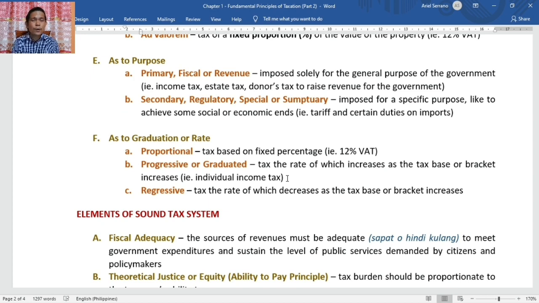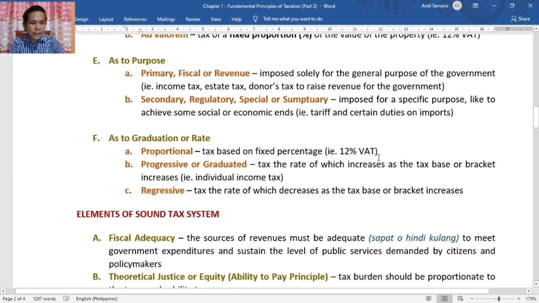Pag sinabi nating progressive or graduated, meron niyang bracketing. Okay? Pag nandito ka sa bracket na ito, ganito yung buwis mo. Samantalang, pag further ka dyan sa brackets na yan, farther down the line, mas lalaki ang iyong buwis na babayaran. At ang pinaka-common example dito ay yung individual income tax. Meron niyang tax table na magkano ba dapat ang babayaran mo depende sa sahod na kinikita mo.